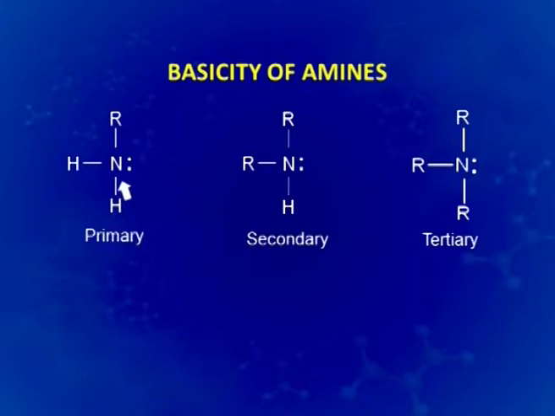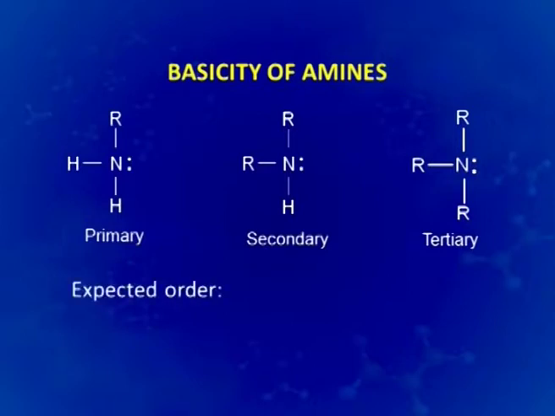As you can see, all of these amines, substituted or partly substituted, have an electron pair on the nitrogen atom which can be donated to the species which will be electron deficient.